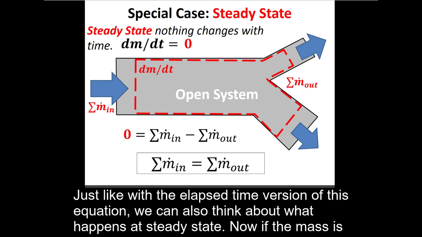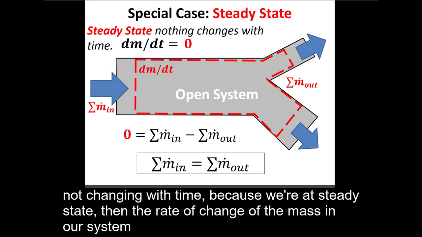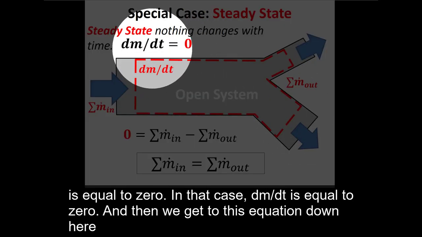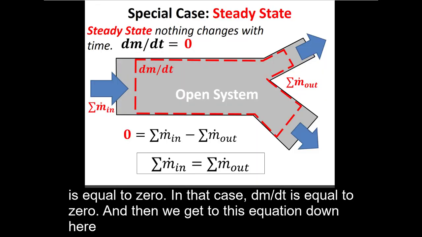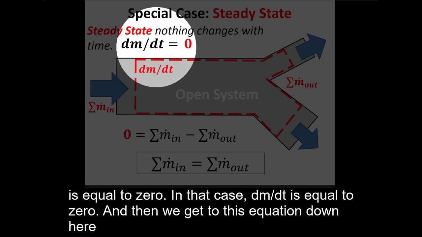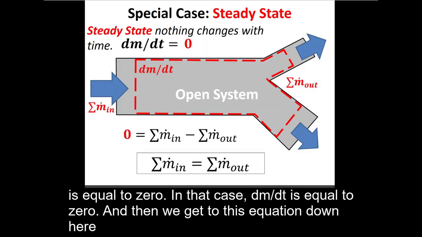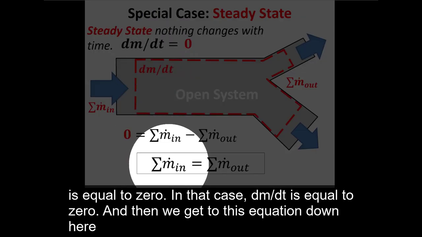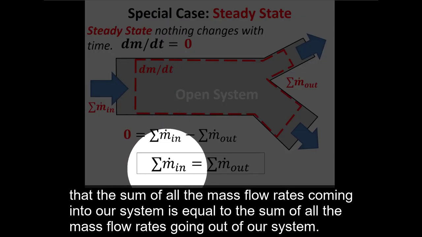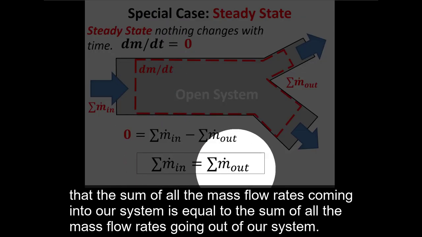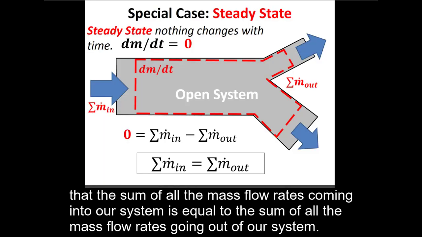Now, if the mass is not changing with time because we're at steady state, then the rate of change of the mass in our system is equal to 0. In that case, dm by dt is equal to 0. And then we get to this equation down here that the sum of all the mass flow rates coming into our system is equal to the sum of all the mass flow rates going out of our system.